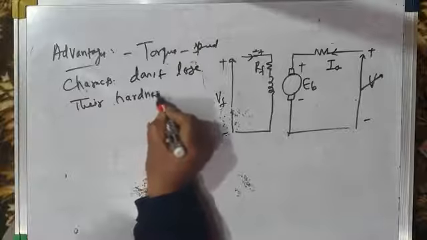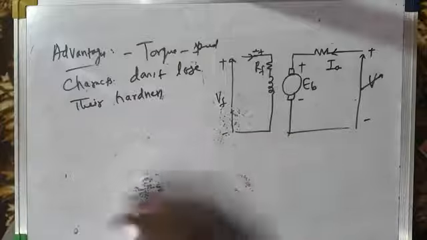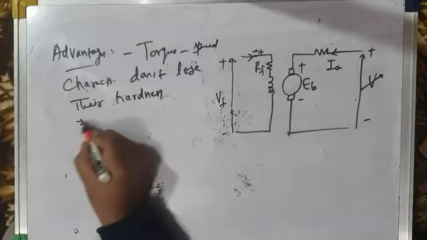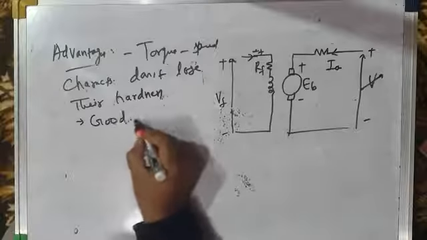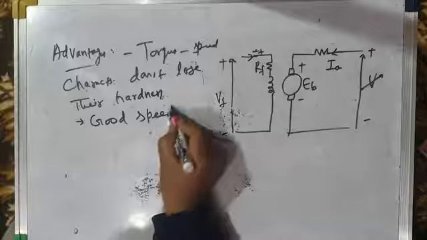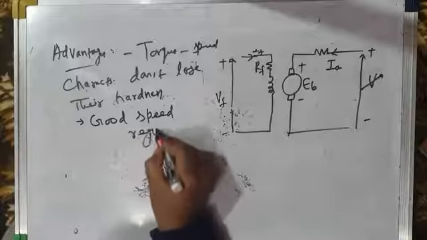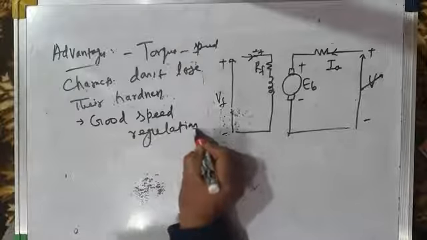We get torque speed characteristics at different voltages which are parallel to each other and they give good speed regulation, unlike the armature resistance control method which was giving poor speed regulation. So we get good speed regulation.